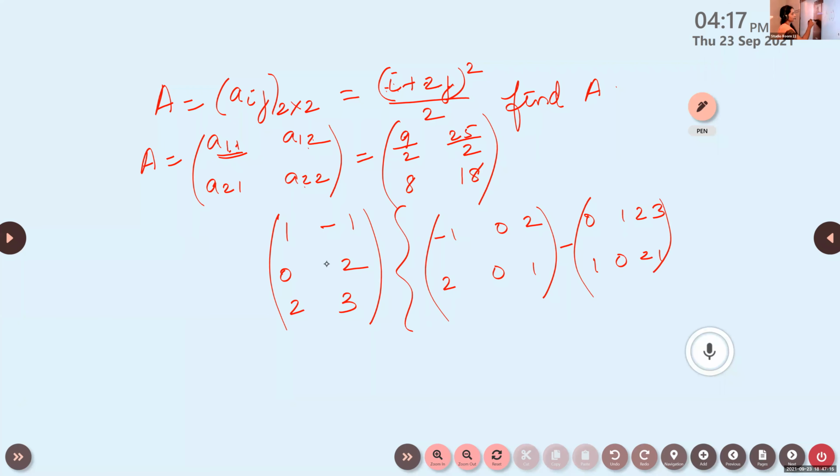Yes, ma'am, it's a curly bracket. This is the question given: find the order of the matrix obtained from this. What will be the answer?